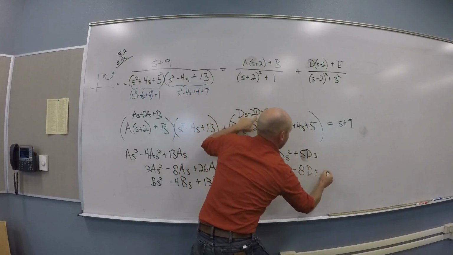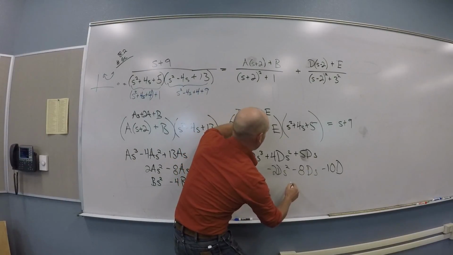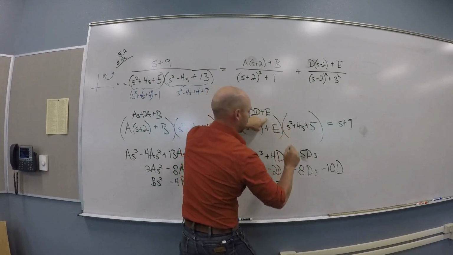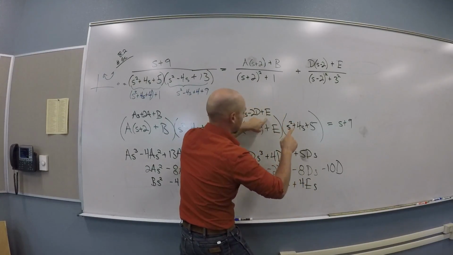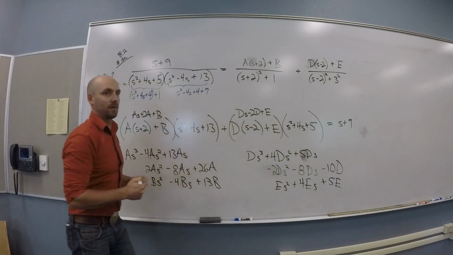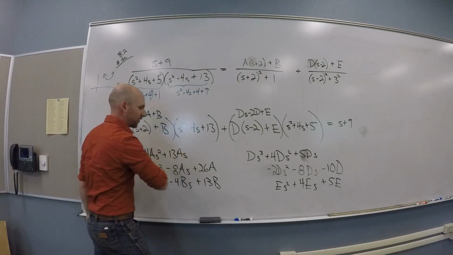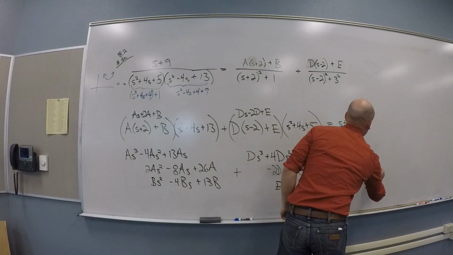Then minus 10D. Then I have an Es squared, I have a 4Es, and a 5E. So this plus this equals s plus 9.